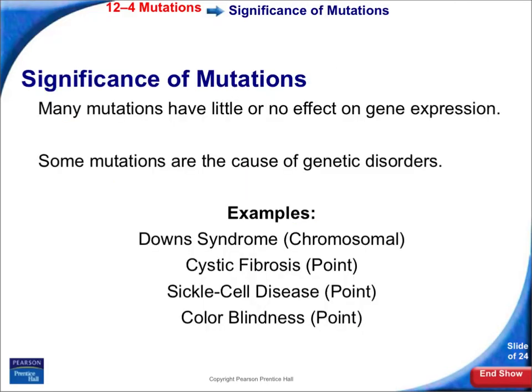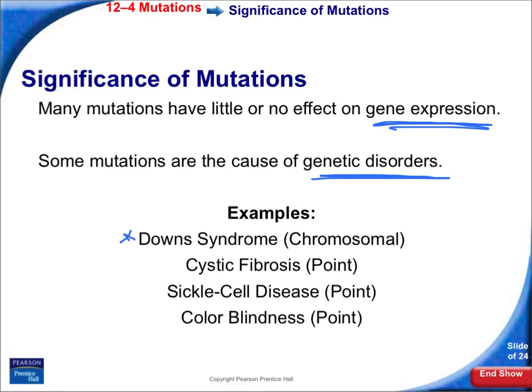Not all mutations are bad. There are a lot of mutations that occur and we don't even know they exist, because they don't necessarily affect the expression of that particular gene. But there are quite a few mutations that will cause genetic disorders. For example, Down syndrome is a chromosomal mutation.